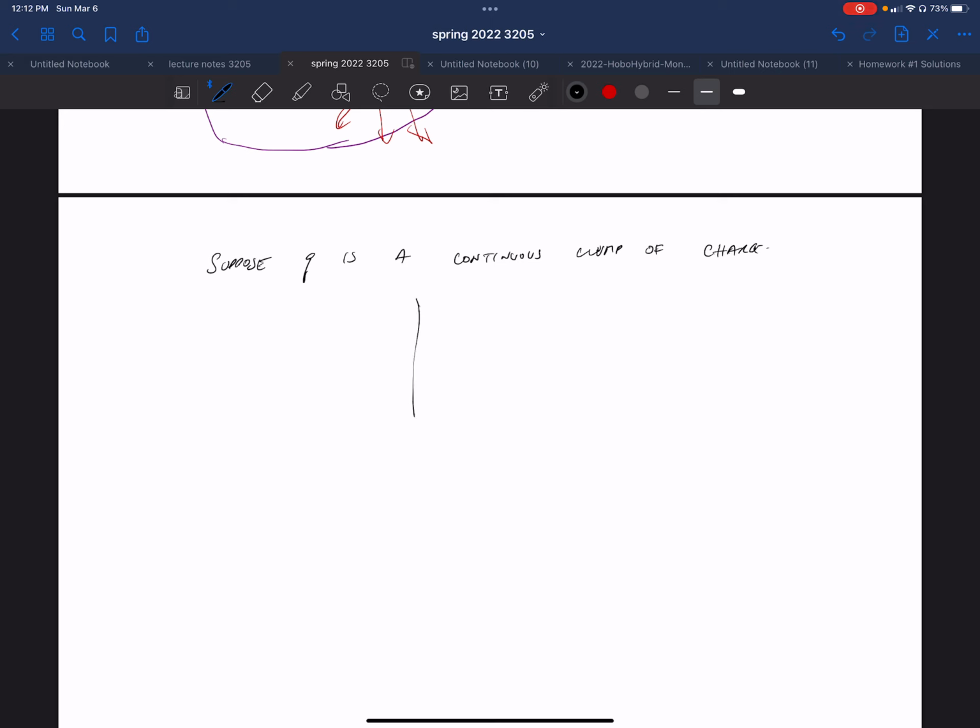Let's draw it in XYZ space. Let's say we had a little volume in XYZ space that was dx, dy, dz on a side.